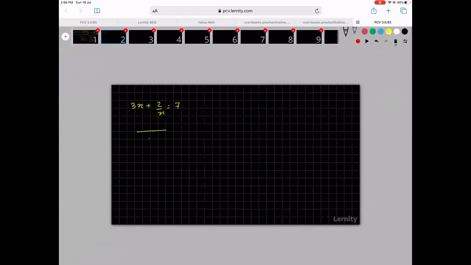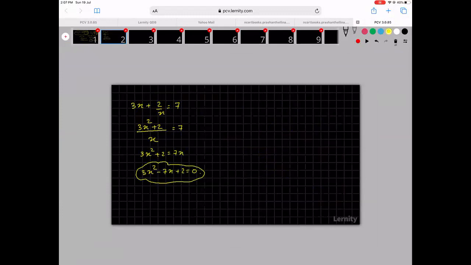I am taking LCM. So it will become 3x square plus 2 is equal to 7x. So it is 3x square minus 7x plus 2 is equal to 0. So now this is a quadratic equation.